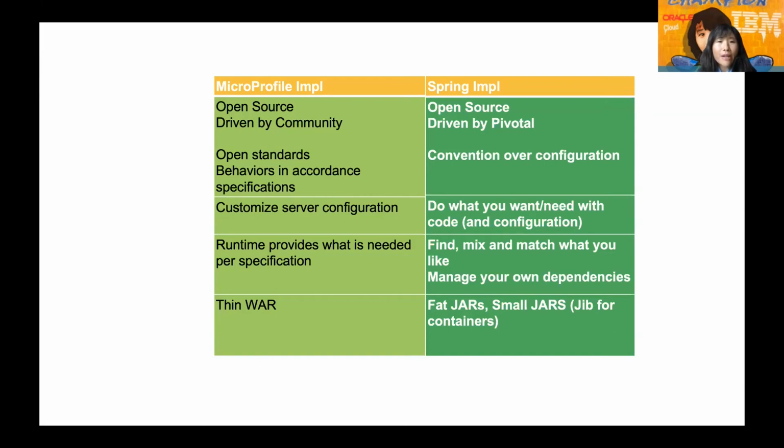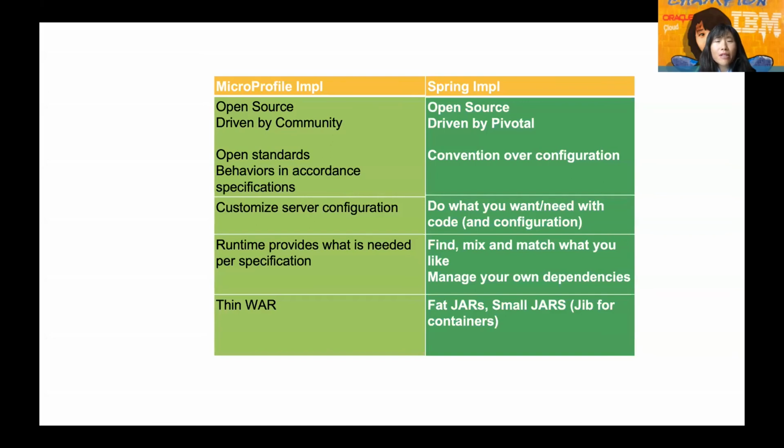In MicroProfile, you customize the server configuration, and because the server runtime directly provides all the implementations, you don't need to put any more libraries in your POM if you are doing a Maven project.